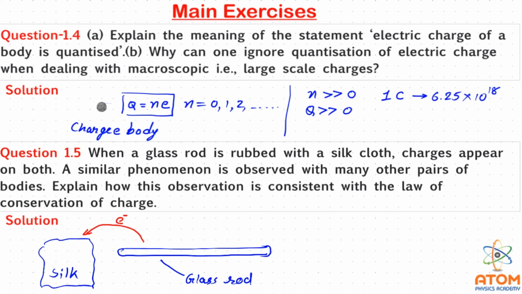This is how I am showing an electron. So a large number of electrons are shifted from the glass rod to the silk.